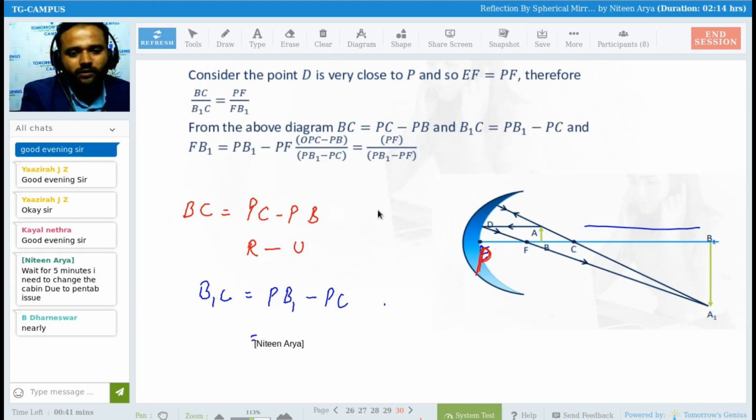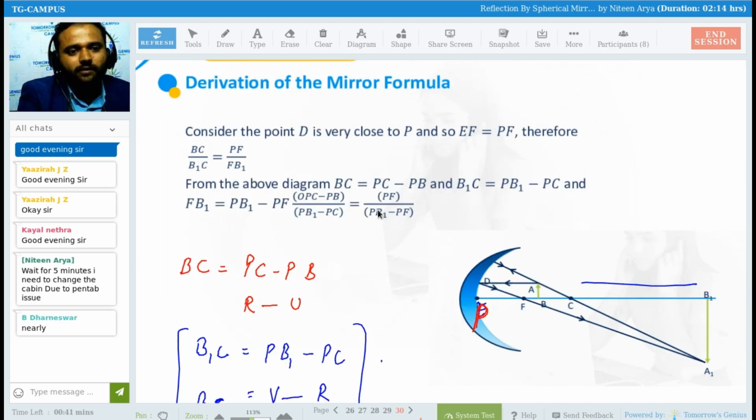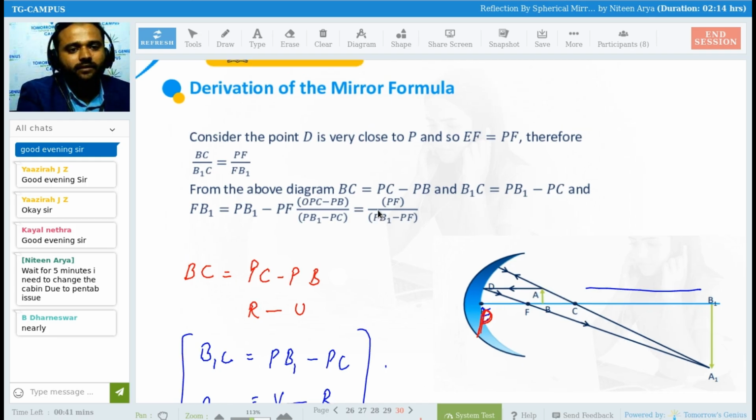So it is going to be the image distance, because PB1 is the image distance, minus PC, which is R. Okay, so this is important. So now BC upon B1C equals PF upon FB1. Simple.